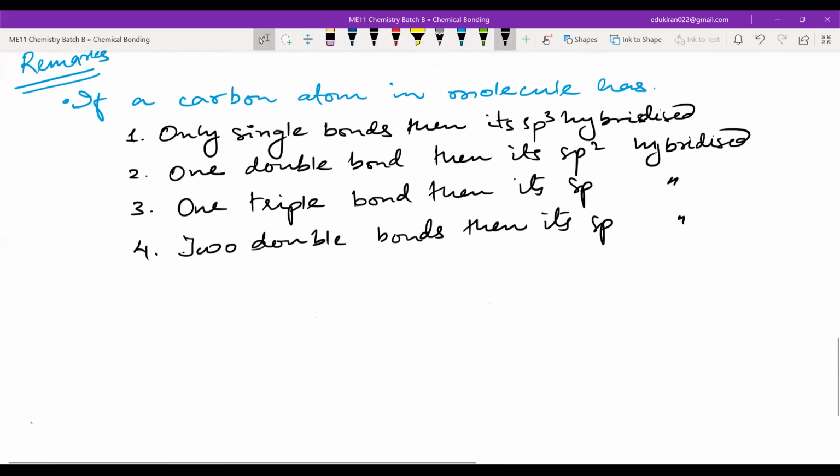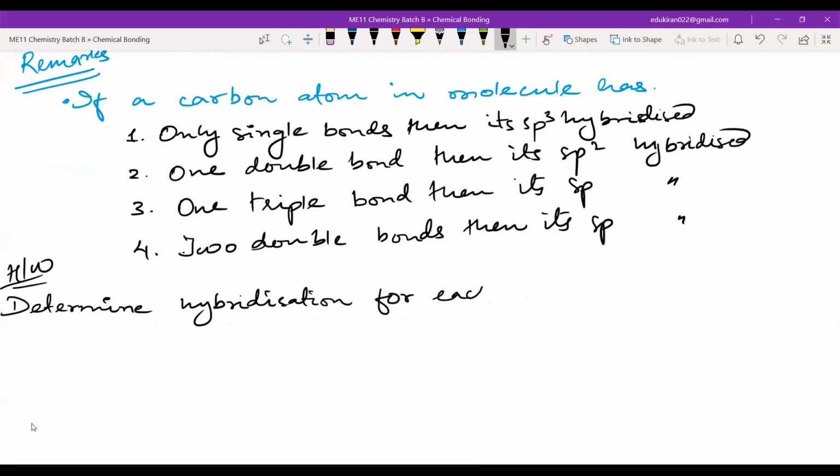After writing the remark, please write a homework. Determine hybridization for each carbon atom. For example, if you have CH3 bonded to carbon, CH double bond CH2, then you will have to tell me the hybridization for these three carbon atoms.